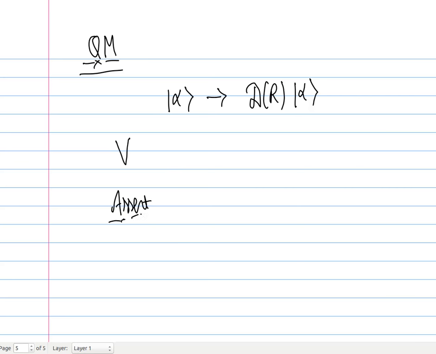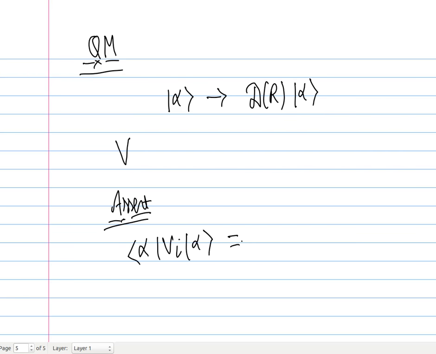So in quantum mechanics, I know that any ket alpha under some rotation operator transforms as D(R) acting on alpha. Now suppose v is a vector operator in quantum mechanics. The assertion is that the expectation value of the individual components should transform under rotation.